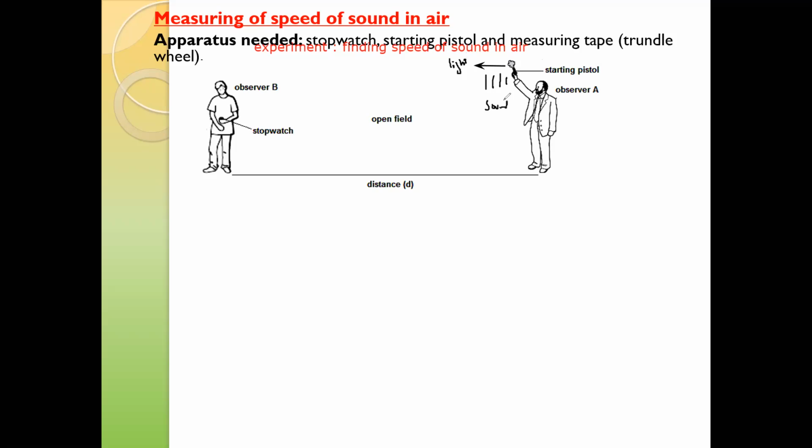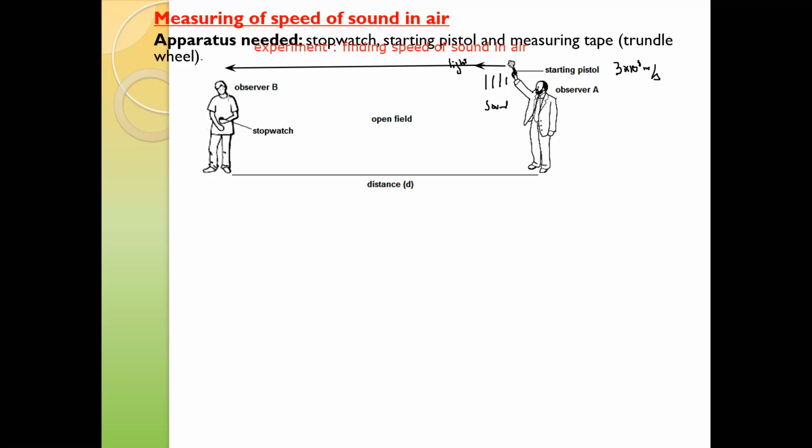But because light is super fast, the speed of light is 300 million meters per second, which is too high. So when the person at position A fires the shell, the light will travel instantly.